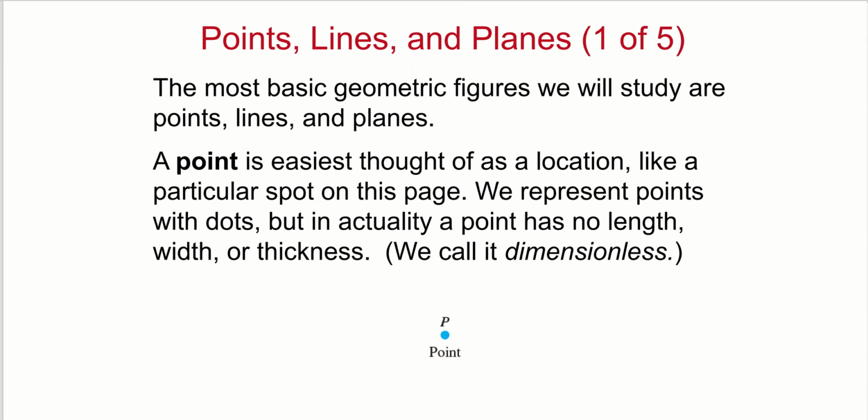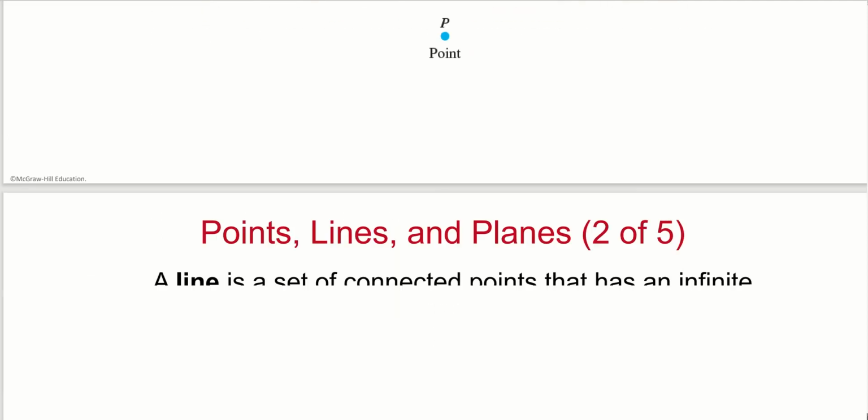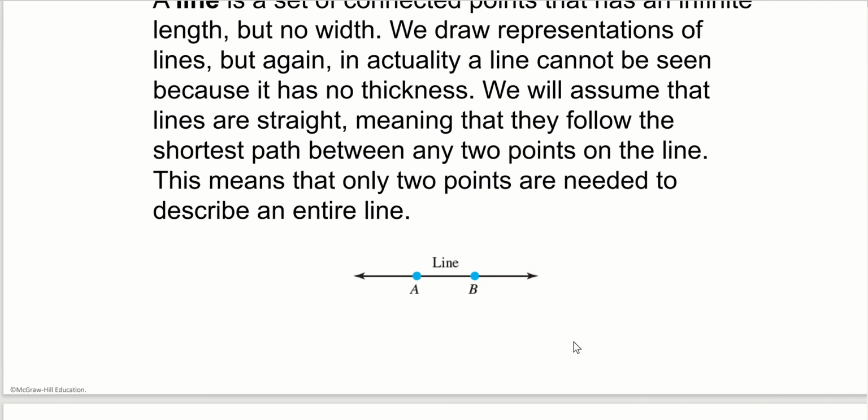I think most of us are familiar with a point. The notion of a point is it's a location in usually two-dimensional or three-dimensional space, and it's dimensionless. It has no thickness, length, or width associated to it. When we have 2 points in a plane, we can connect them via a straight line.